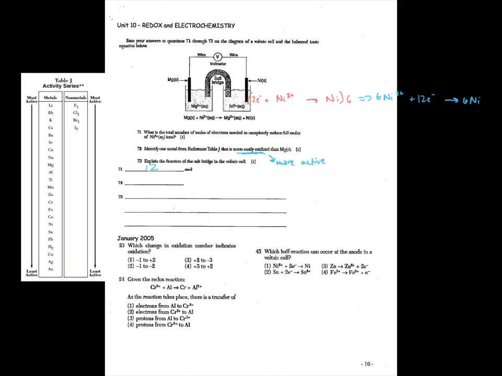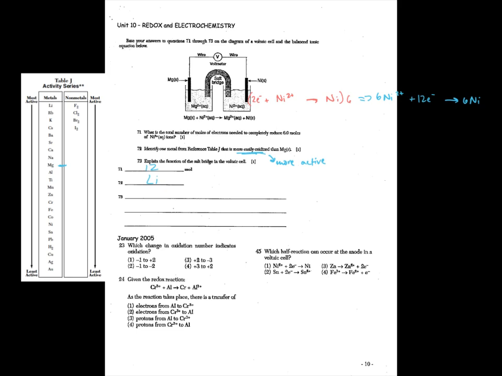So we're looking for Mg. Mg is over here, so we're looking for something above it. Name any one of these that are above it. If you want to play it safe, always go with Li for the one that's easily the most active. But you can also talk about rubidium, potassium, cesium, barium, strontium, calcium, and sodium.